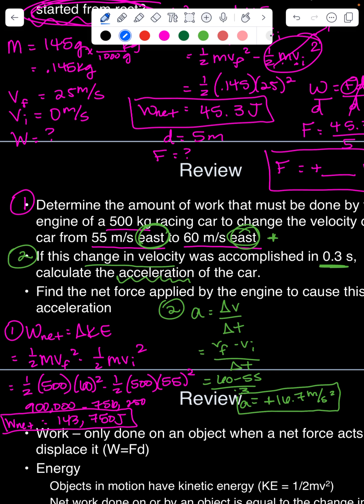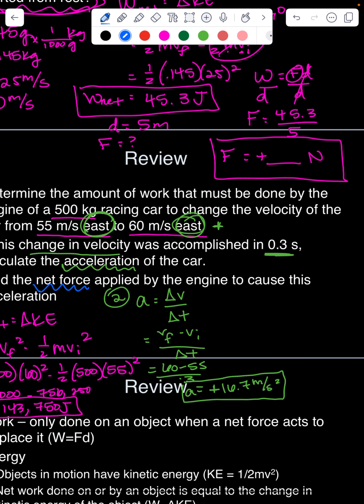Now the last thing that I've asked you to calculate is the net force applied by this engine to cause this acceleration. We should remember this from Newton's second law. The net force exerted on an object is equal to the object's mass times its acceleration. We know its mass is 500 kilograms.